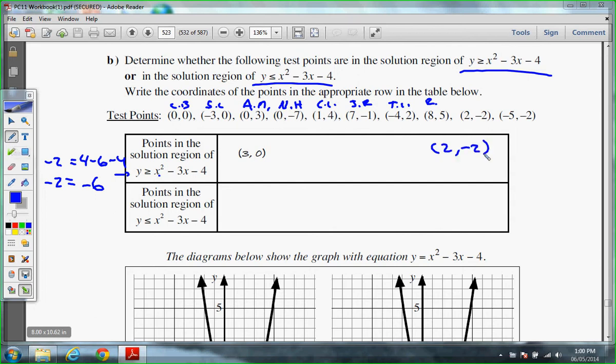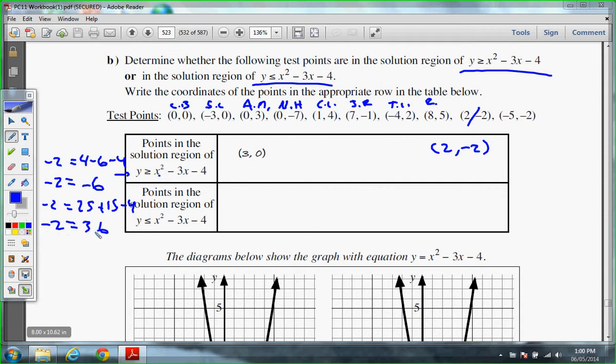I'll try (negative 5, negative 2) real quick while you're doing yours. Negative 2 is on the left again, so I just have to plug in negative 5. Negative 5 squared is 25, minus negative 3 times negative 5, that's plus 15, and then minus the 4. So 40 minus 4 is 36.